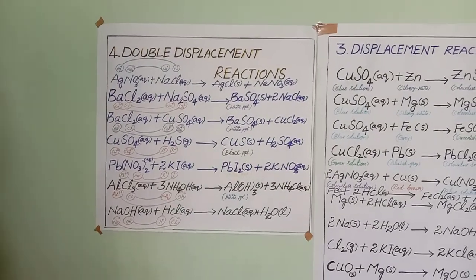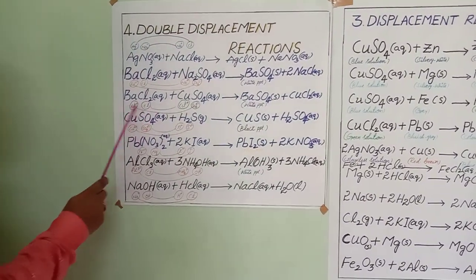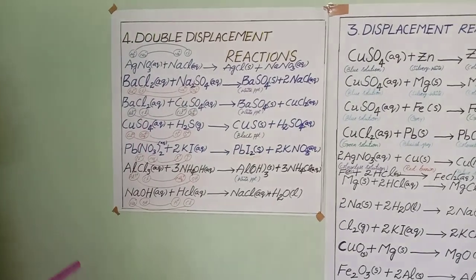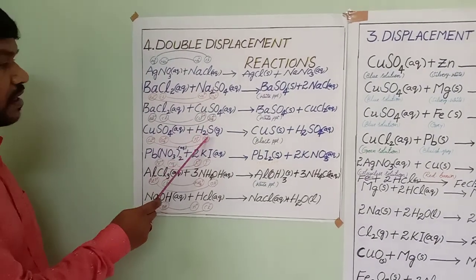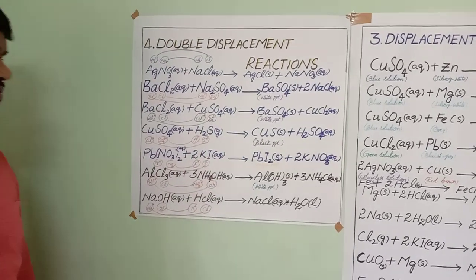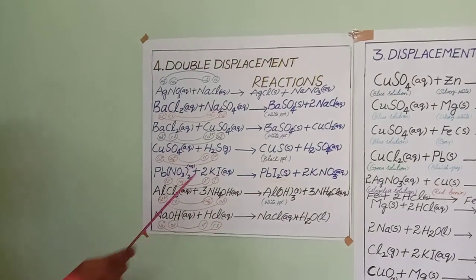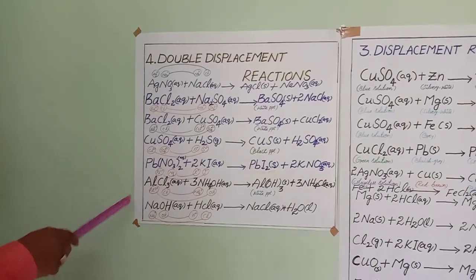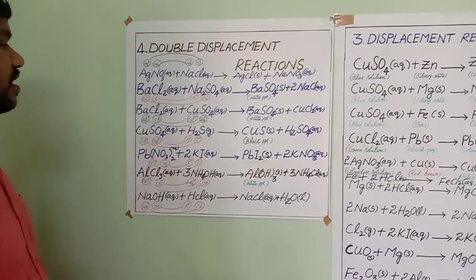And one more example we will discuss now. We will take copper sulfate solution. To this copper sulfate solution, when we pass hydrogen sulfide gas, they mutually exchange their ions.